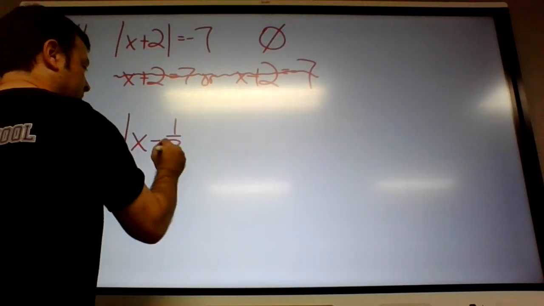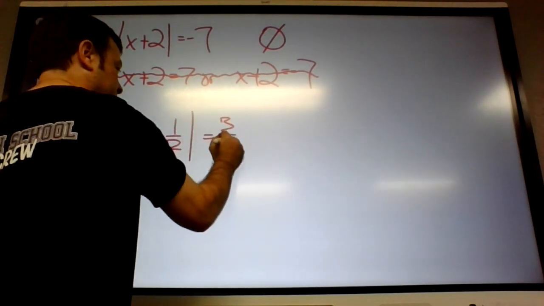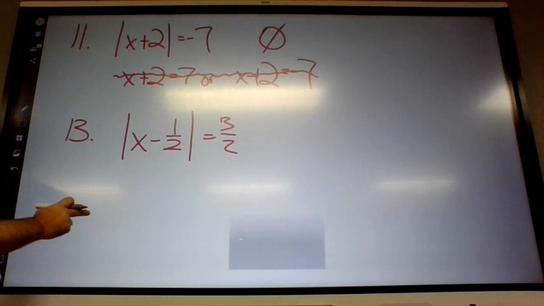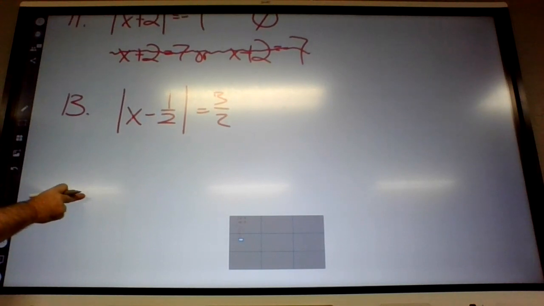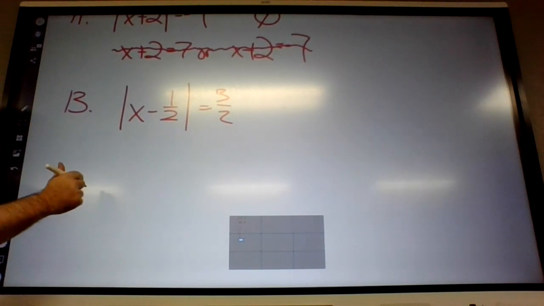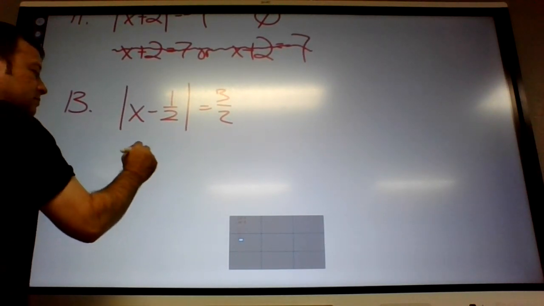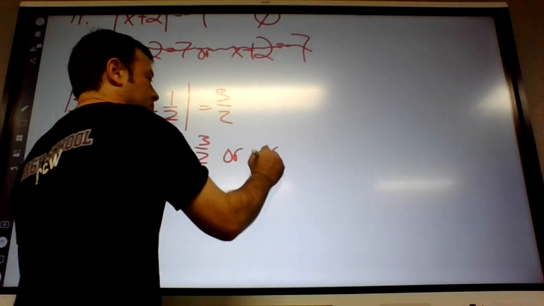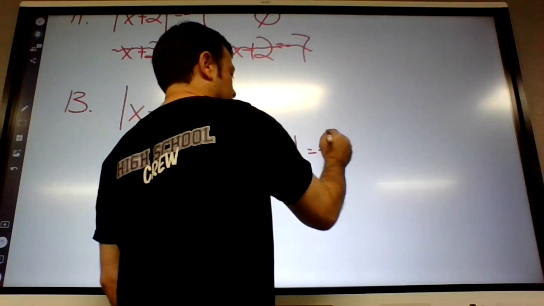Alright, this one, however, should work. Number 13. Hank, how are we going to set this up? Would you do the or thingy? Yeah. Like it'd be x minus 1/2 equals 3 over 2, or x minus 1/2 equals negative 3 over 2.